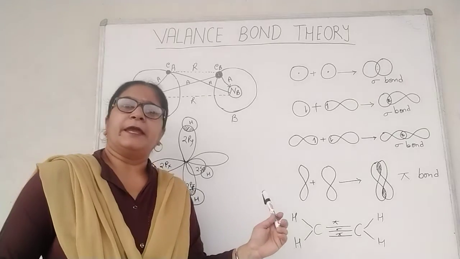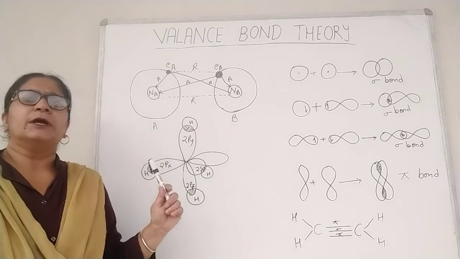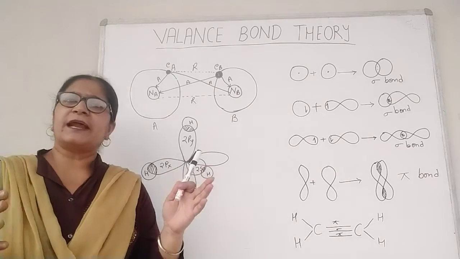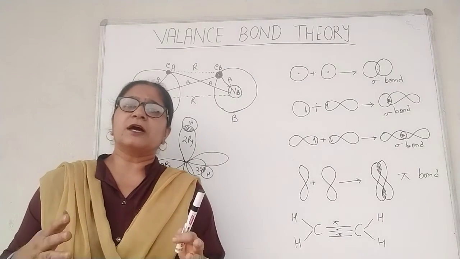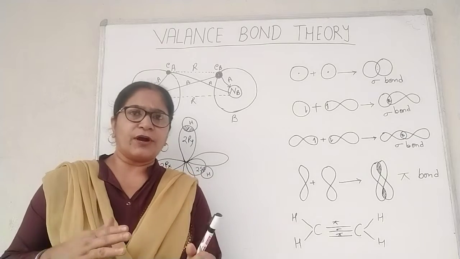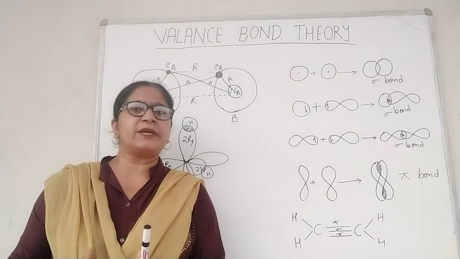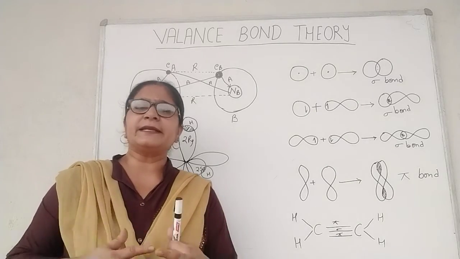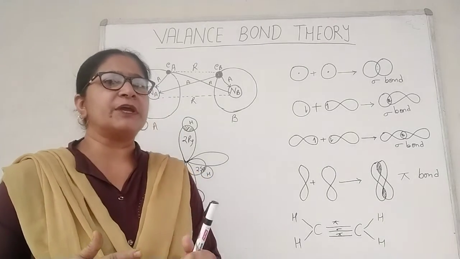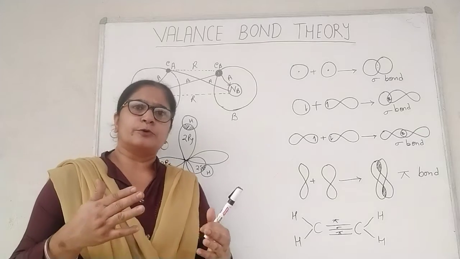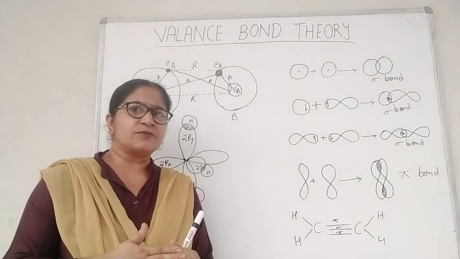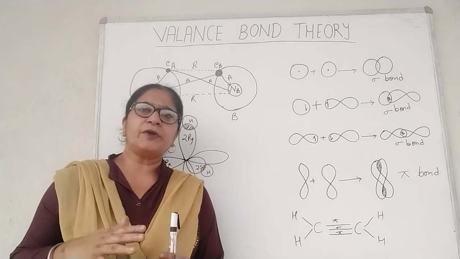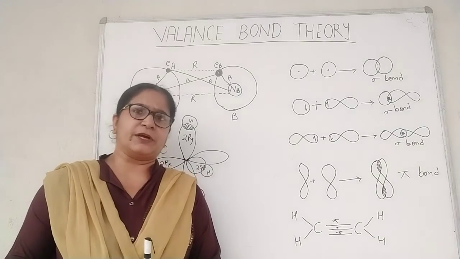In the methane molecule, the central atom carbon has the configuration 1s2, 2s2, 2px1, 2py1. In its excited state, the configuration becomes 1s2, 2s1, 2px1, 2py1 and 2pz1.